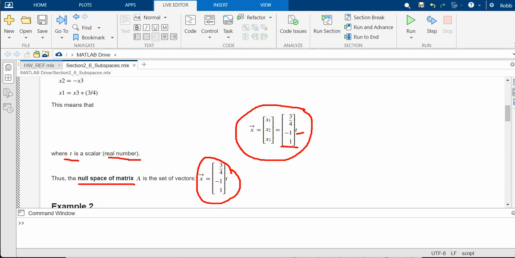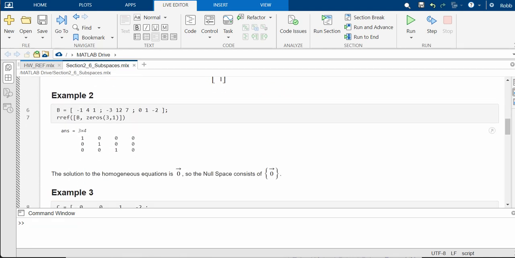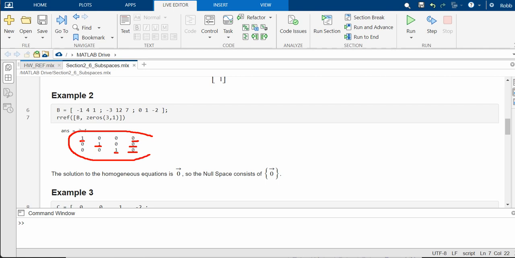Okay, so let's get rid of the ink and check out example 2. So again, example 2 is straight from the online notes. And when I run this, you notice that we find out that x sub 1 equals 0 and x sub 2 equals 0 and x sub 3 equals 0, right? This is RREF form of the augmented matrix with the zeros matrix tuned in.